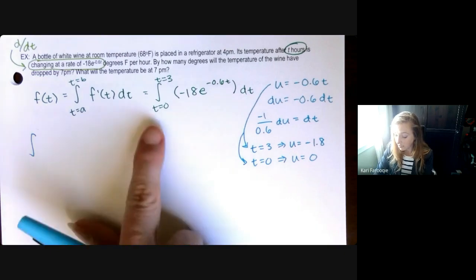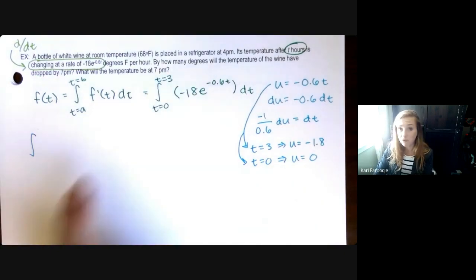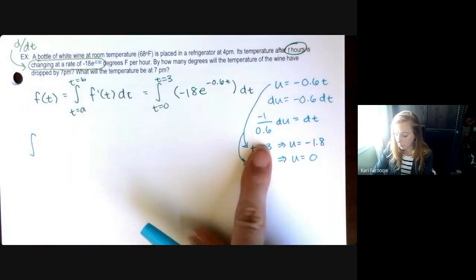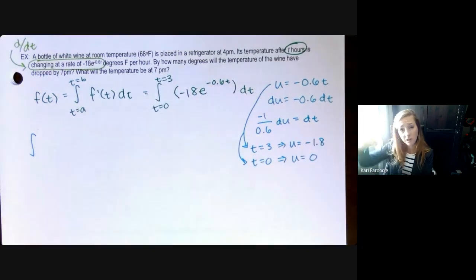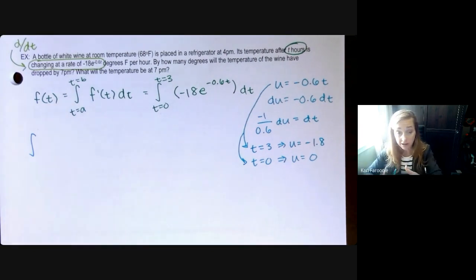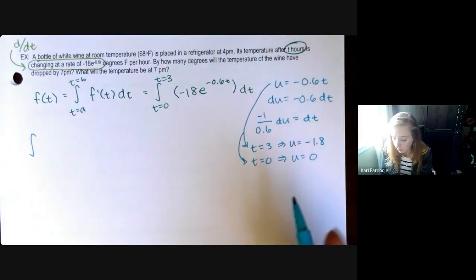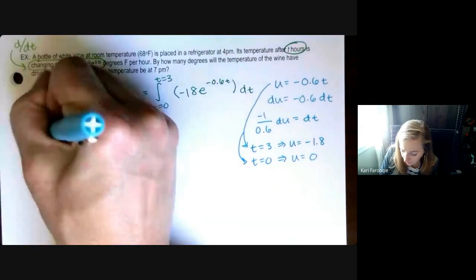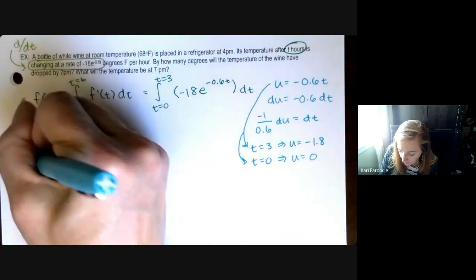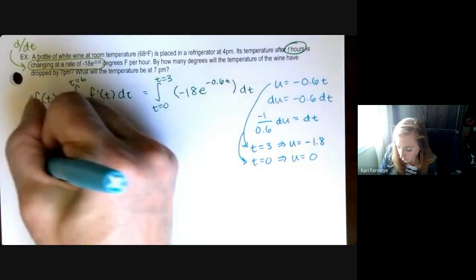All right, so instead of going from 0 to 3, remember, this is why I write these in the same order as I see them, because a lot of times we want to write the smaller number as the lower limit. It isn't always the case. In this case, 3 corresponded to negative 1.8, and 0 corresponded to 0 still.